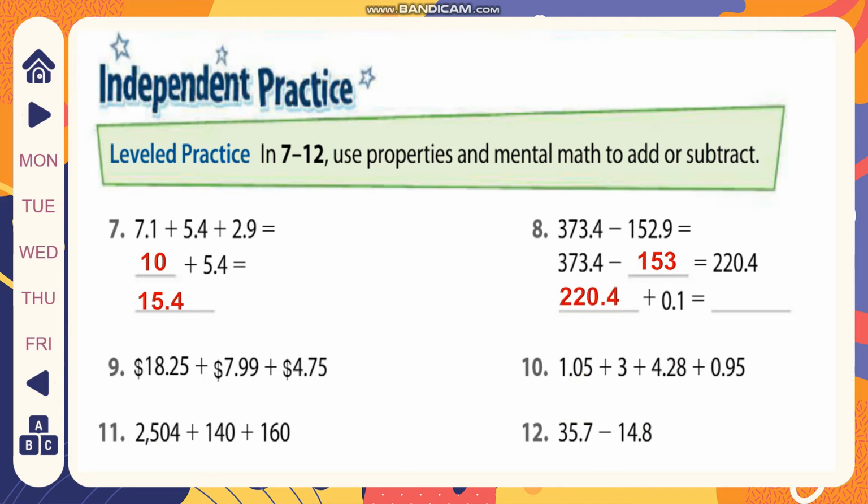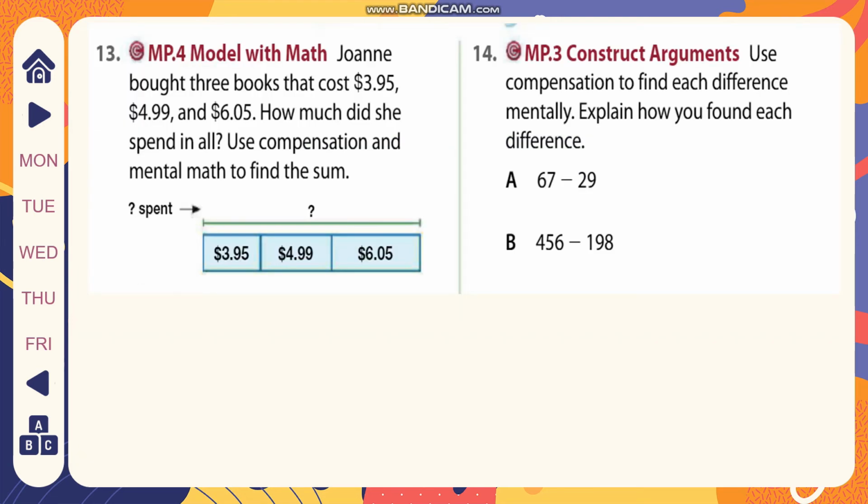Then the missing numbers here are 153, 220.4, and 220.5. Next, number 9, the correct answer is 30.29. Number 10, 9.28. Number 11, 2,804. Number 12 is 20.9.